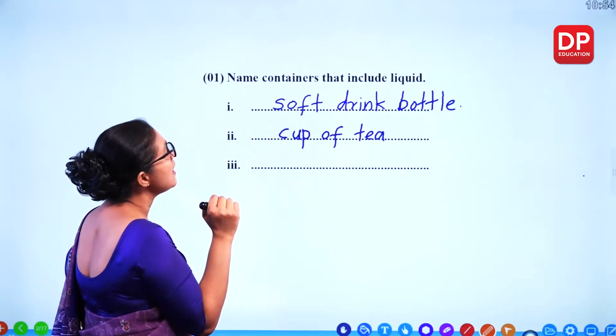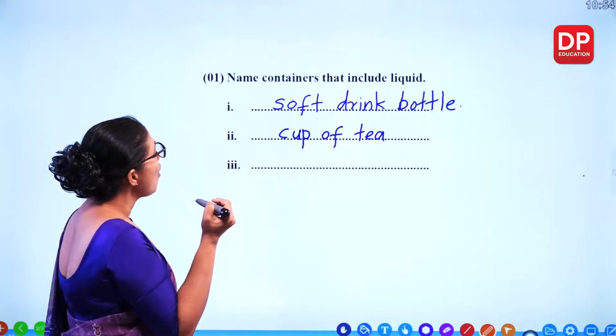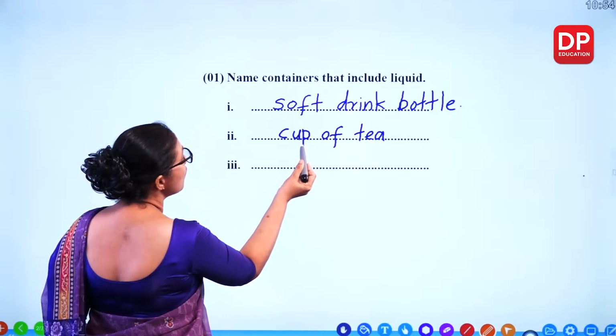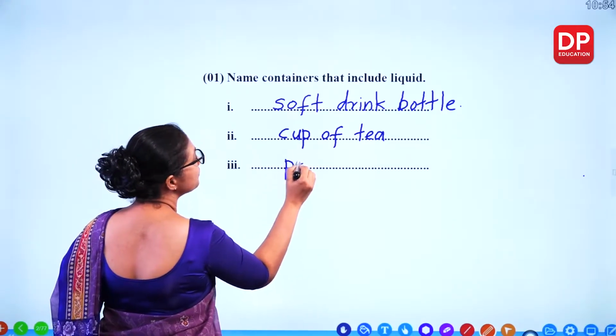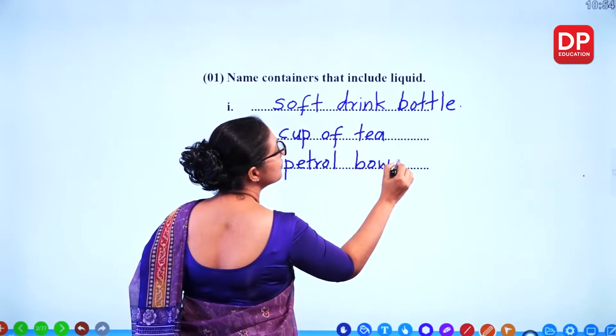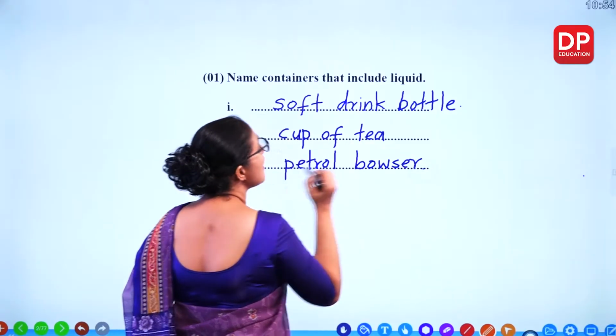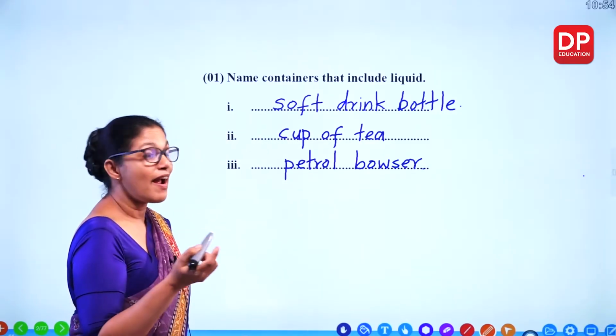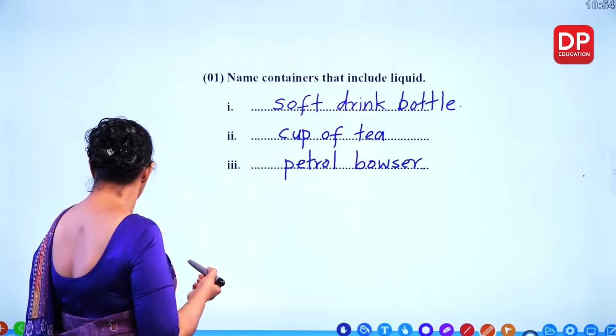So cup of tea, soft drink bottle, or petrol bowser. So these are only three. You can write other examples.